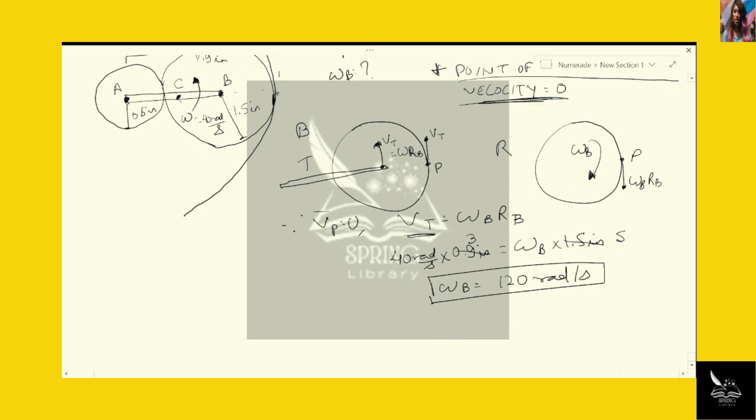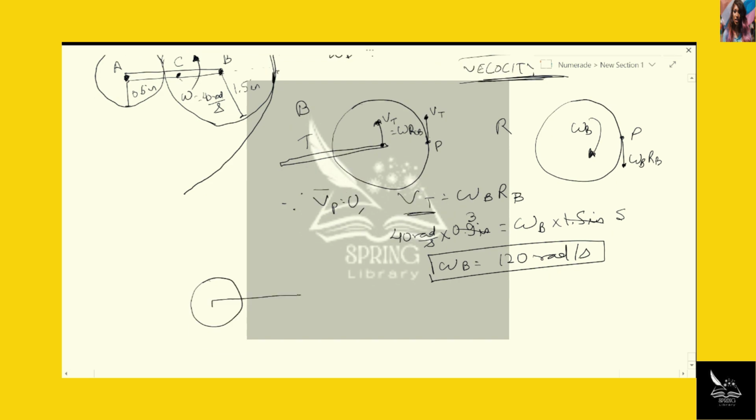Okay, now let's look at circle A. So this is circle A. Now this also has a translational velocity. So this is the translational part for A. Now this translational velocity is going to come from the motion of AC. So this will be Vt, and then this is the point of contact. So this will also have velocity Vt.